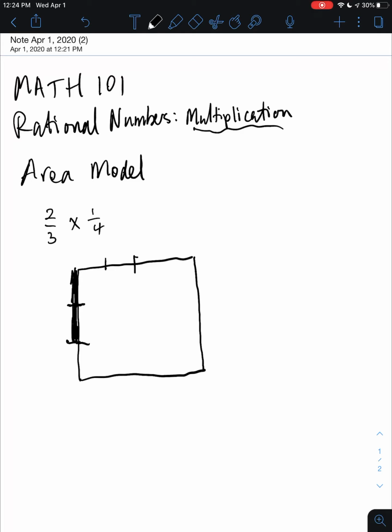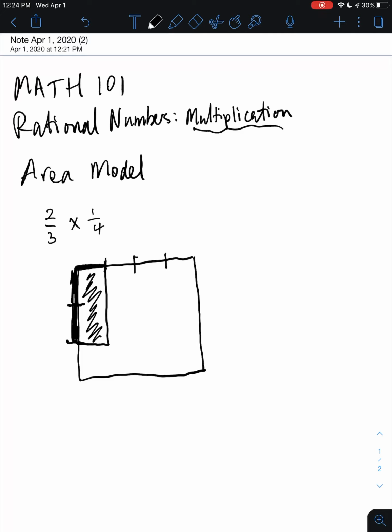I'm going to chop the top edge into 4 equal pieces, and here is 1/4. So the product of those two is represented by this area here. Maybe I'll shade that. So this shaded area is our product, 2/3 times 1/4.